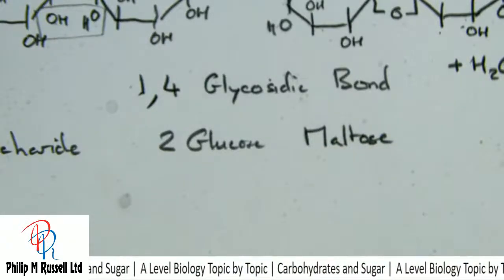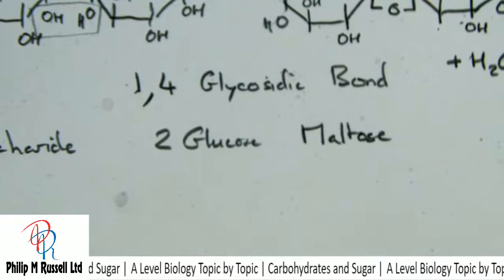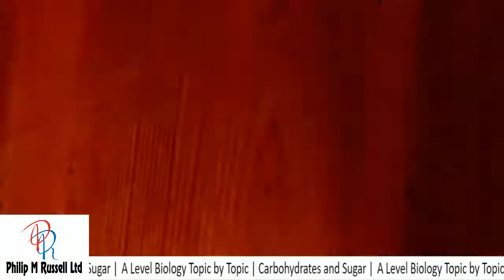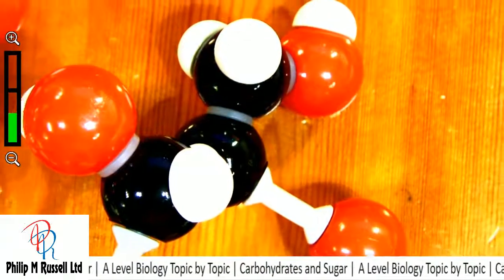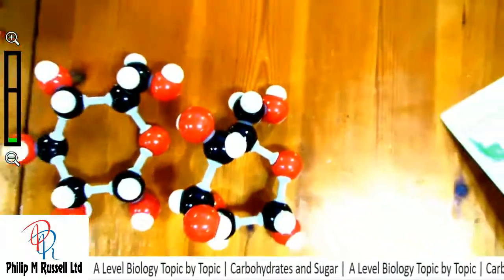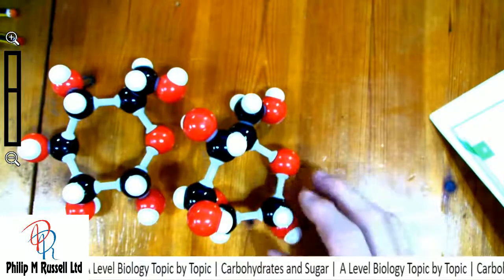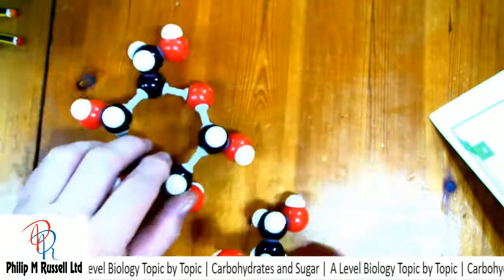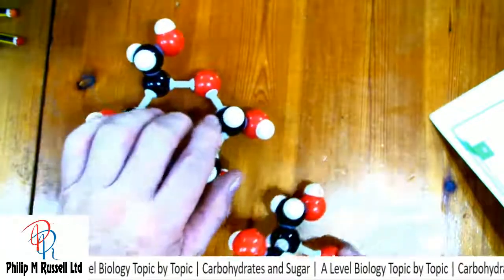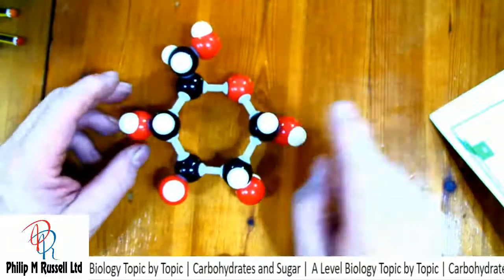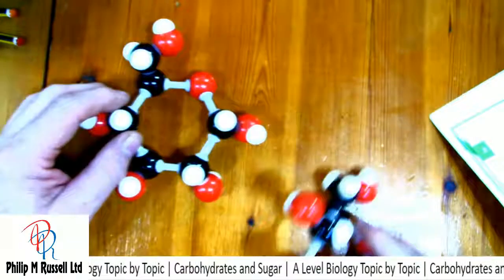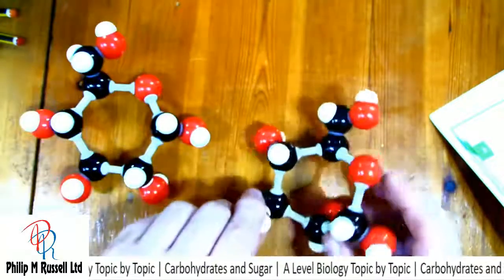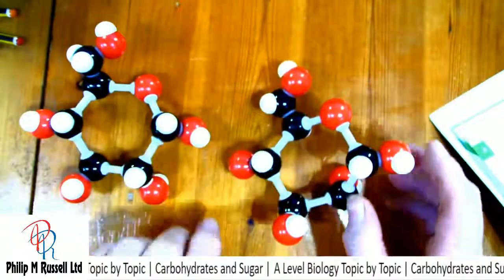Let's see if I can join the model together to do this. So we've got my carbons organised here with my 1,4, and I'm going to organise my other one in the same way.